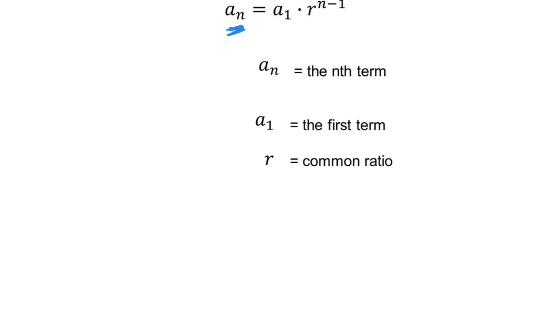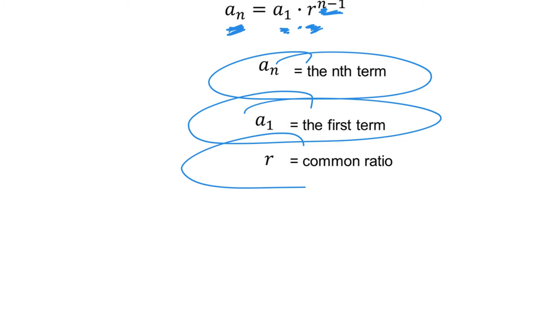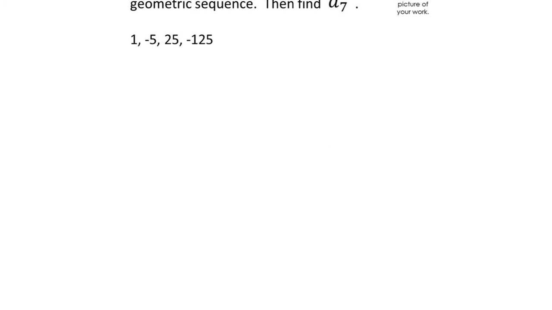The nth term is equal to the first term times your common ratio to the whatever term you're looking for minus 1. So that's what each of those variables are defined as. So let's use it in action. All right, so our formula is a subscript n equals your first term times your common ratio to whatever term you're looking for minus 1.